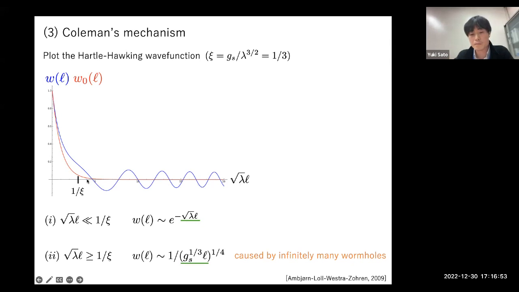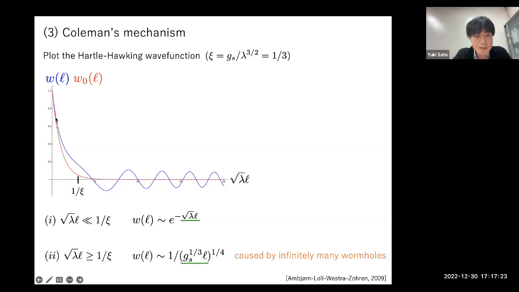And the horizontal axis is the size of the 1D universe. When the size of the universe is very small, the behavior of the wave function is very close to that of the original Hartle-Hawking function without wormholes. So it decays exponentially, and its behavior is governed by the cosmological constant.